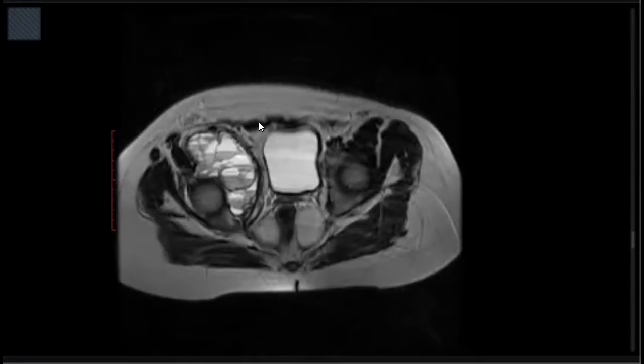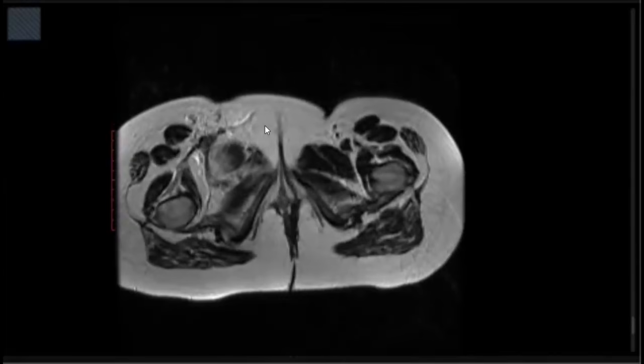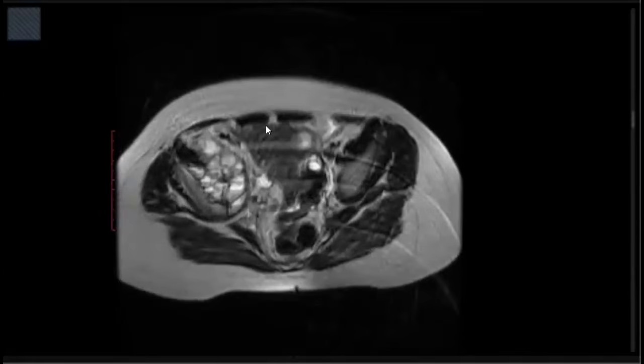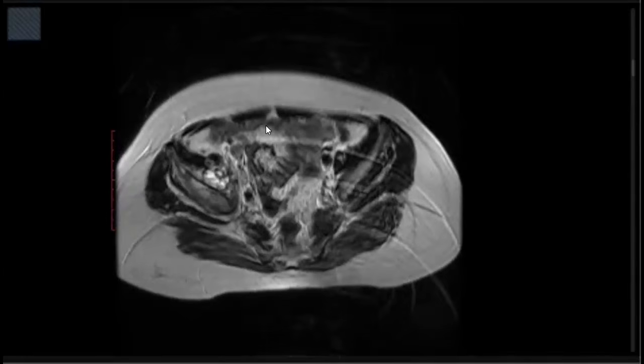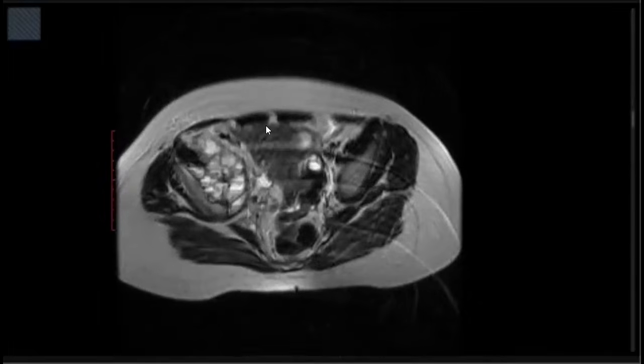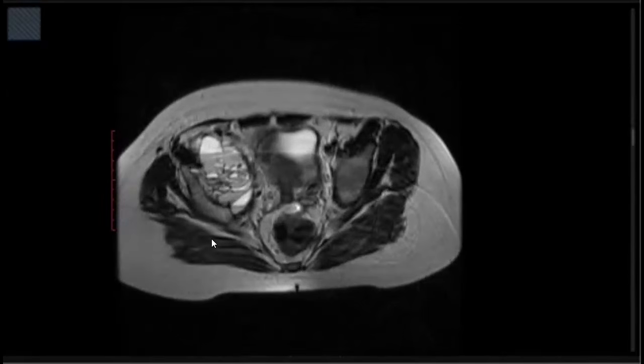Okay, what other differential could this lesion be? The differentials can be telangiectatic osteosarcoma. And what will be the management?